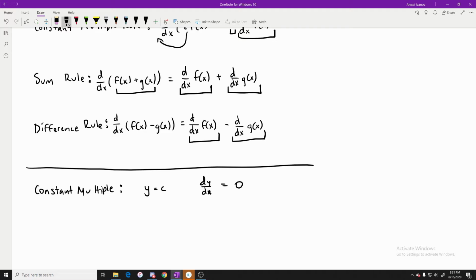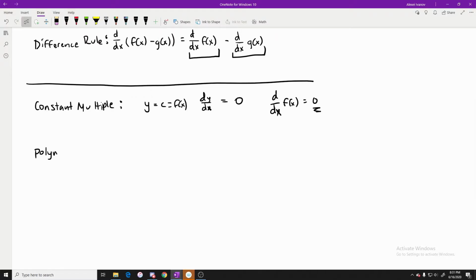I should probably write this a little bit differently, so we should be writing d over dx, and let's call this f of x. So d over dx of f of x is going to equal 0. So the derivative of a constant, no matter what it is, is always going to be equal to 0.